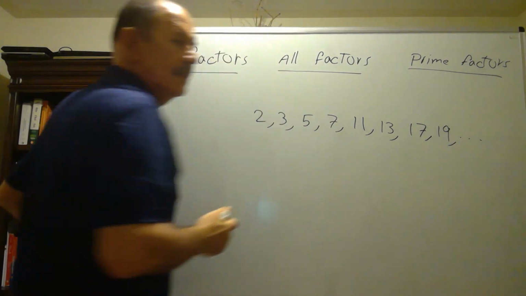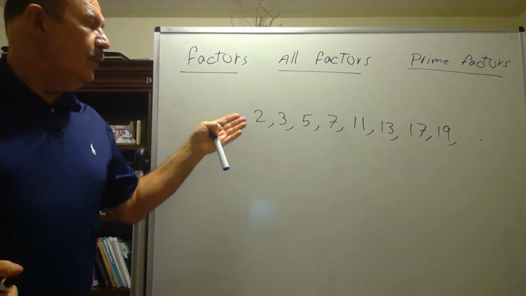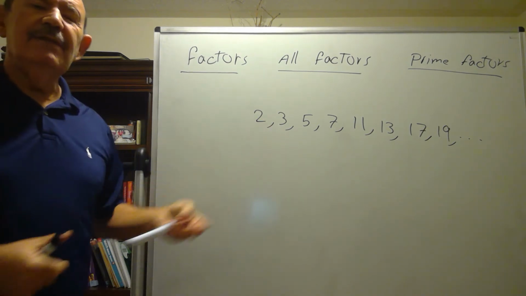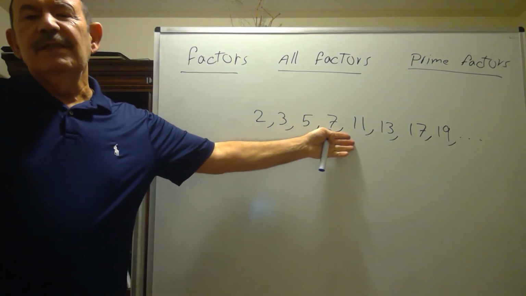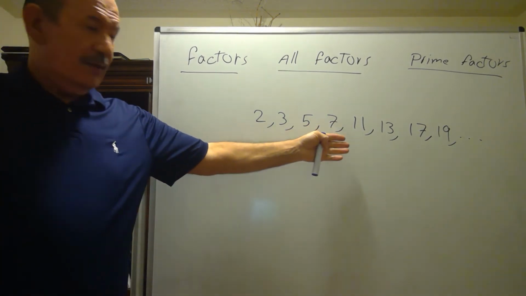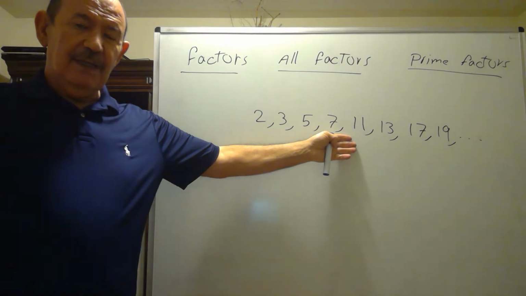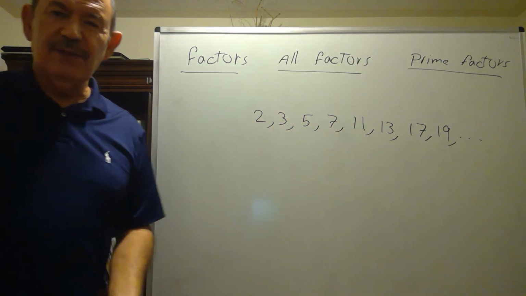It never ends. If you look at these numbers, 2 is divisible only by 2 and 1. 3 is divisible only by 3 and 1. 11 is divisible only by 11 and 1. There is no other number that we can divide 11 by, other than 1 and 11, without a remainder.